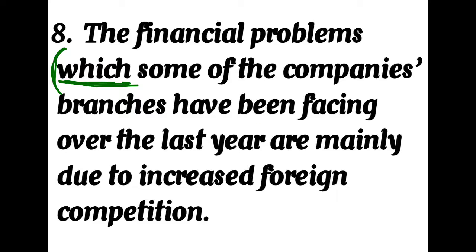Now a bracket should be put here. The financial problems are, is mainly due to increased foreign competition. Of course are, because we are talking about problems. Which problems? Which some of the company's branches have been facing over the last year. It is a very simple sentence. There is no ambiguity about this sentence.